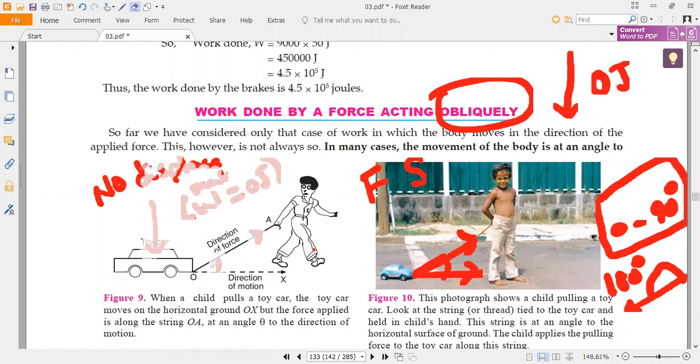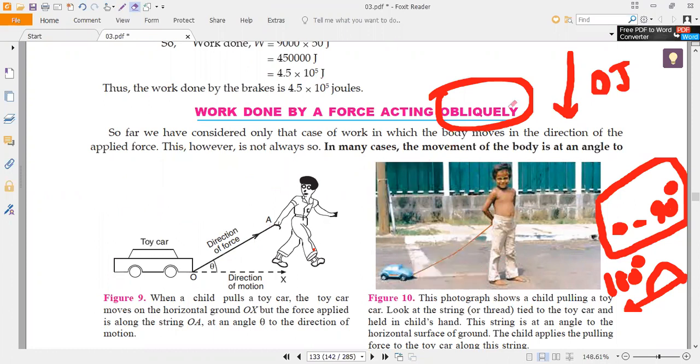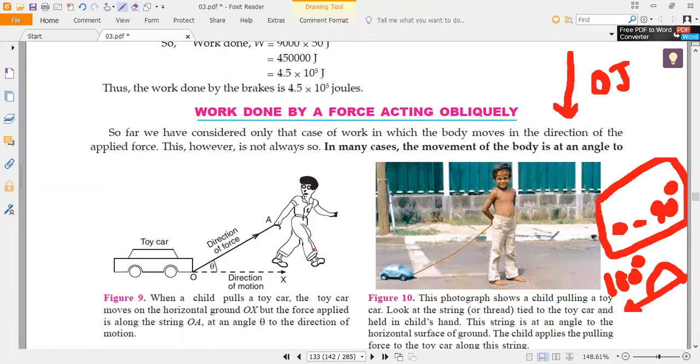This obliquely he can apply in any direction. If he is a very small boy, or very tall like me, I will apply the force in this direction. Yes or no? Obliquely. That boy applies the force here, and some other boy can apply the force here, and another here.